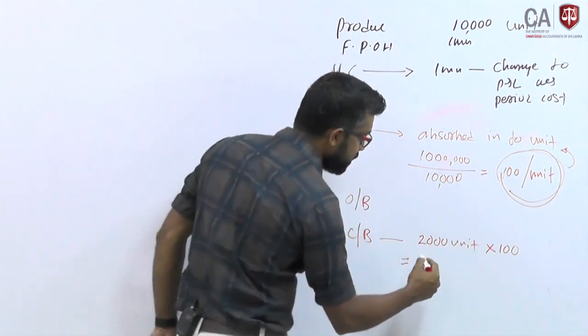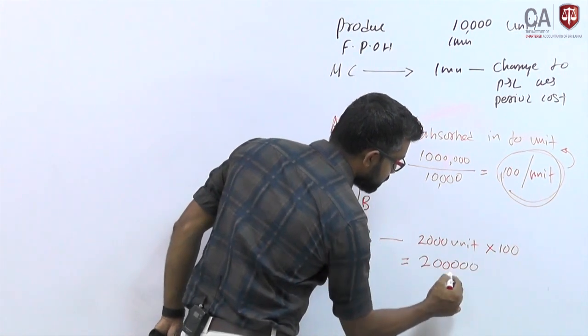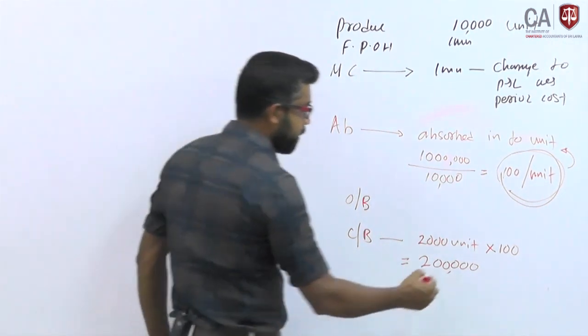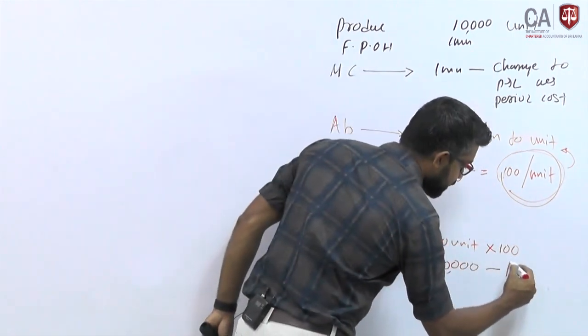So then you have 200,000 fixed production overhead absorbed to closing inventory.